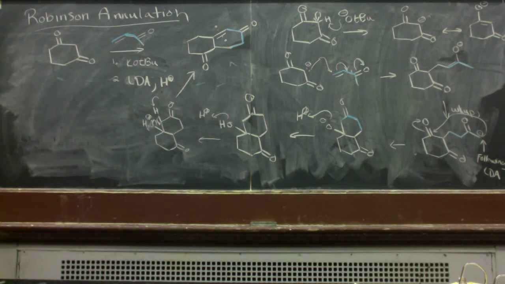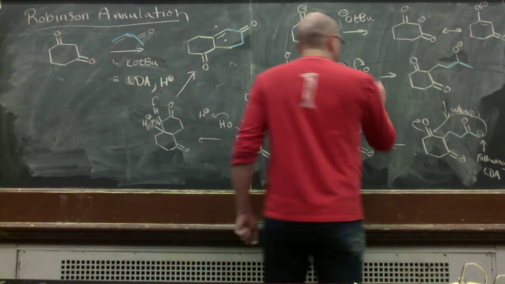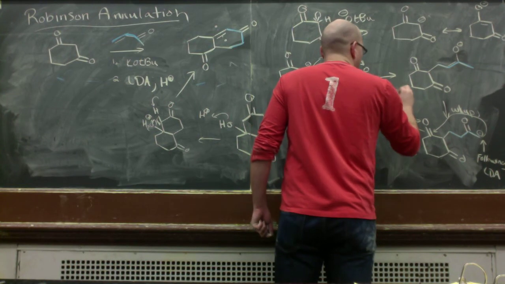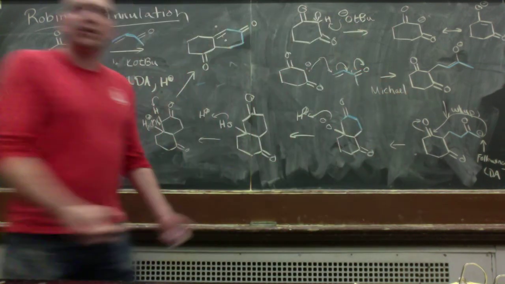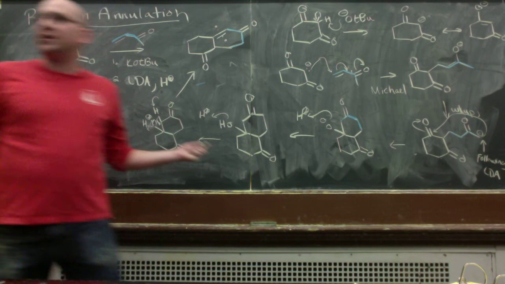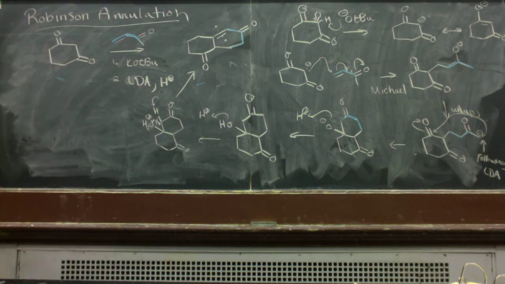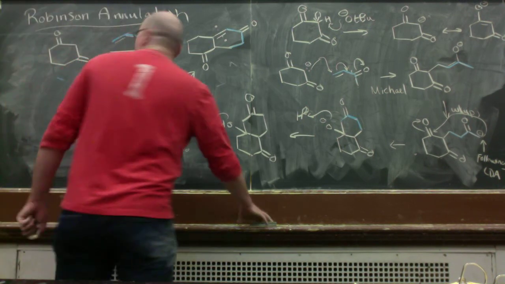It's just Michael addition followed by aldol condensation. So that's all that this is. It's a Michael addition. And then this is simply an aldol condensation, which is what was brought up earlier. You see that enone and you recognize that as something that we've seen in the past, and then you can do that.